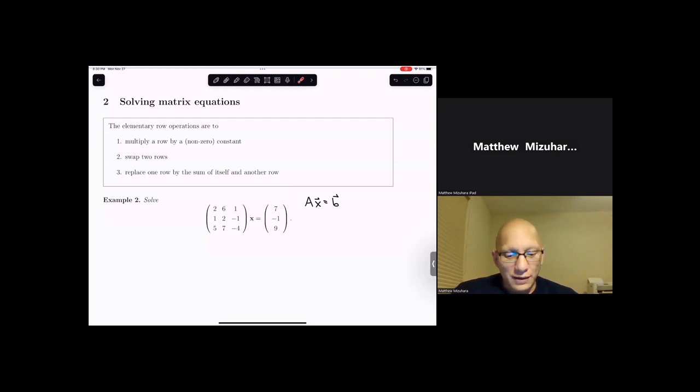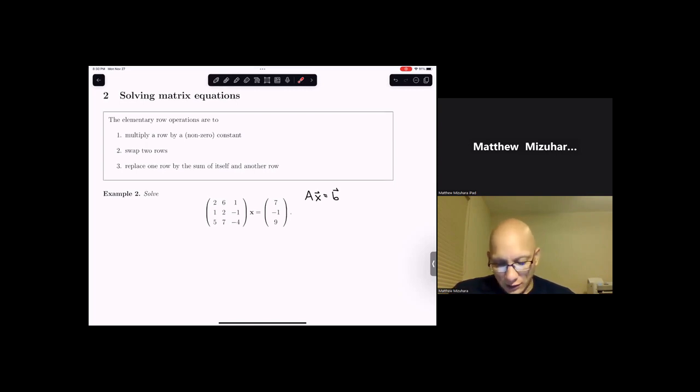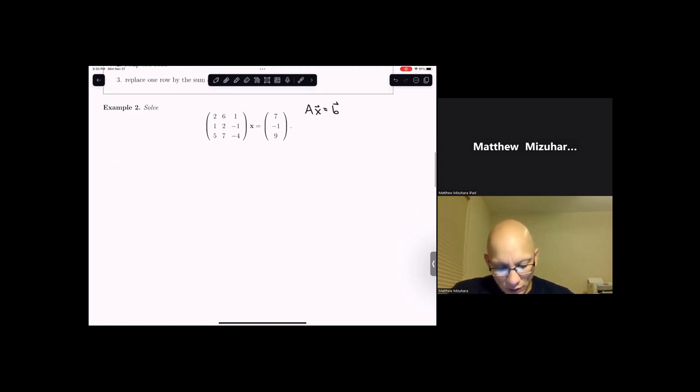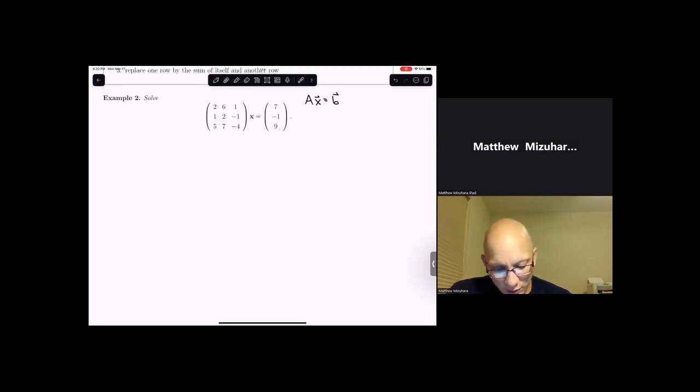Just to remind you, the key idea is that we have 3 row operations we can do: multiply any row by a non-zero constant, swap 2 rows, or replace 1 row by the sum of itself and another row. To solve a system like this, I can set up the so-called augmented matrix.